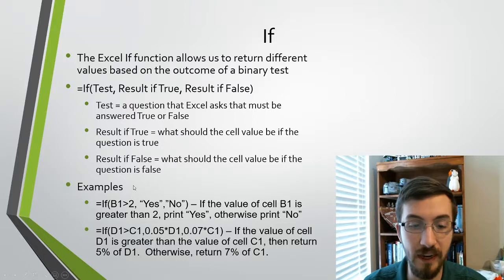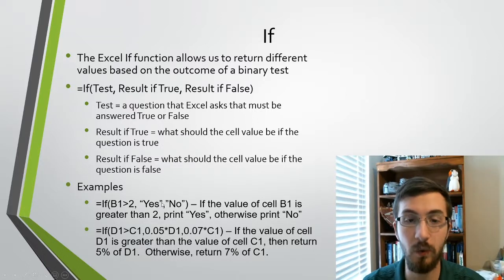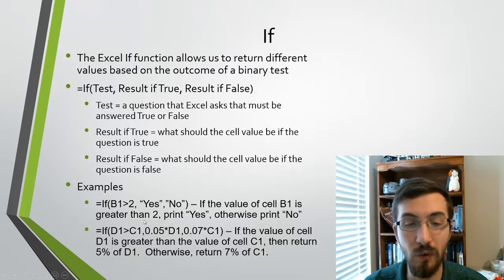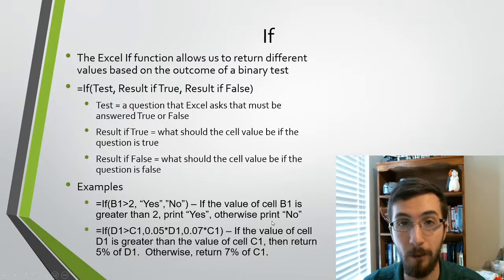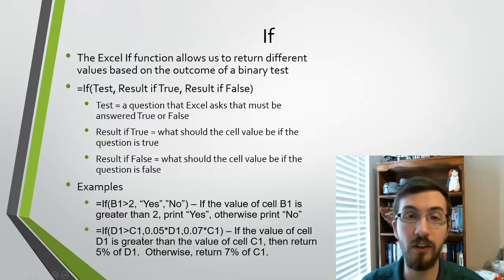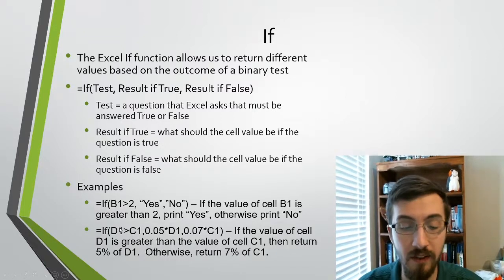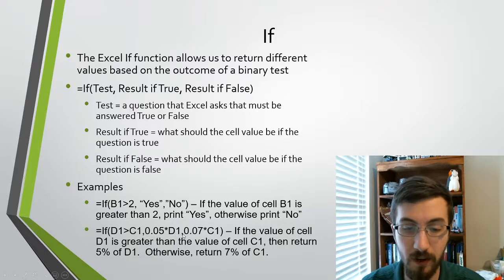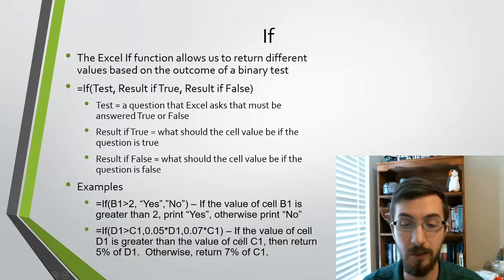Okay, so some examples. IF B1 greater than 2, comma, "yes", comma, "no". This says if the value of cell B1 is greater than 2, then you should print yes, otherwise print no. Or here's a little more complicated one: IF D1 greater than C1, comma, 0.05 times D1, comma, 0.07 times C1.